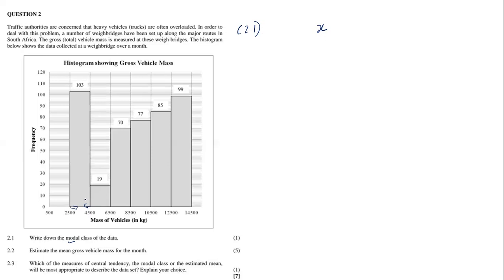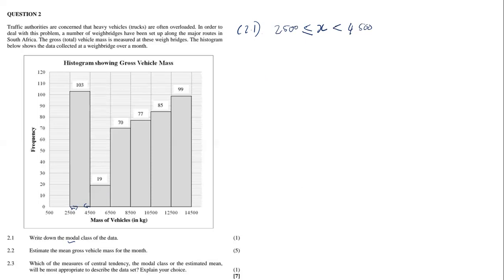So we're going to say x is less than 4,500, but greater than what? We're becoming greater than 2,500, and then we include 2,500.